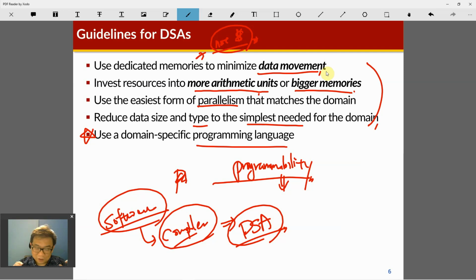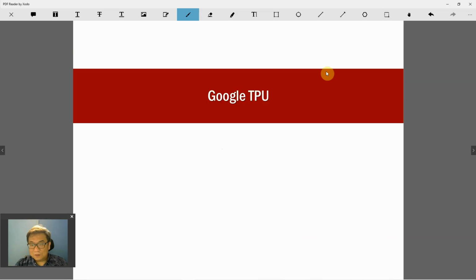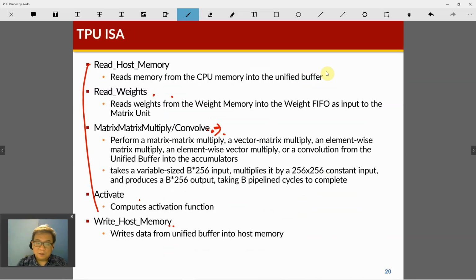And basically this neural network operation is the matrix multiplication between the input data and weight data. So the TPU also supports some deterministic data movement, like read host memory and read weights. So very simple. And then the final result is transferred to the host memory. The TPU also supports this write host memory instruction. So these are the data movement instructions.